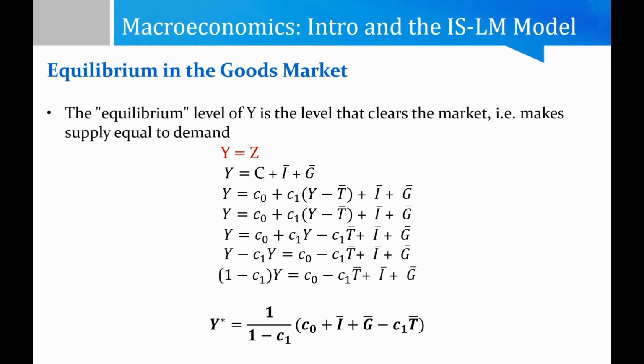Then substitute the equation for Z, which is equal to C plus I plus G. Then also the consumption function or C equation is given, so we can substitute that equation for C.